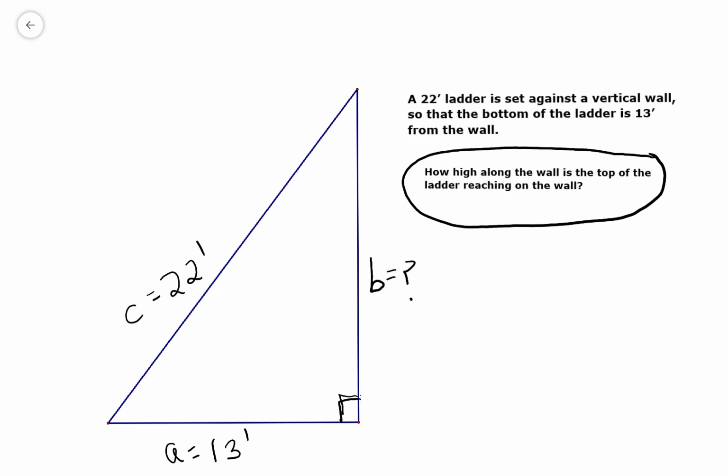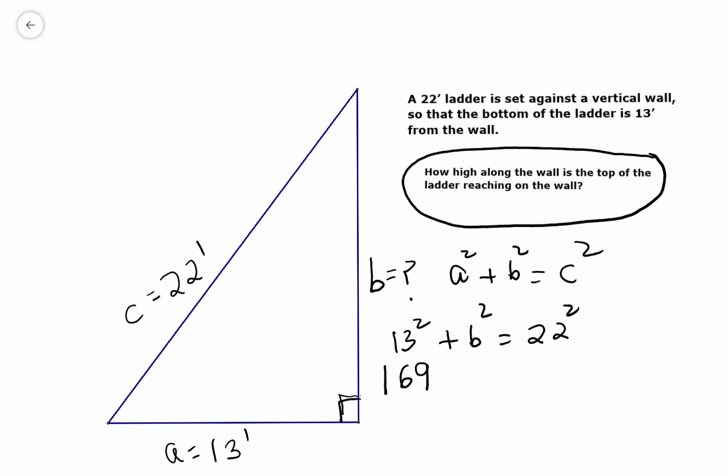What we have to do is pretty simple. We know by the Pythagorean theorem that a² + b² = c². So 13² + b² = 22². Feel free to use your calculator: 13² is 169, and 22² is 484.